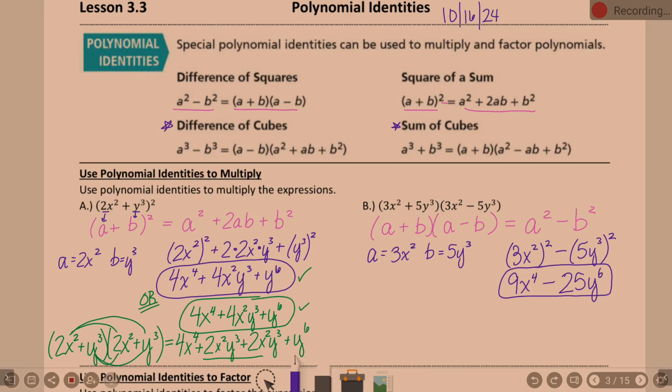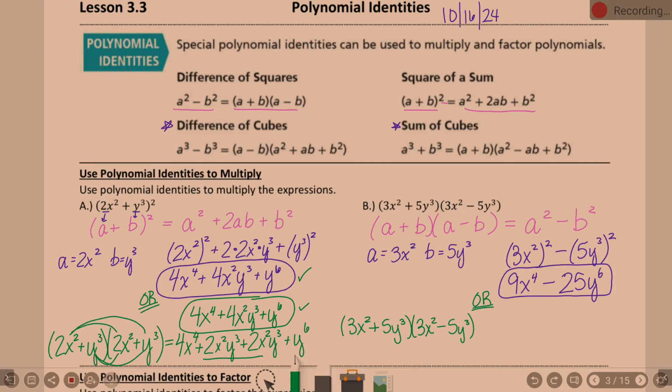And I'm just going to put it up here real quick to prove to you it's the same answer. So, or, we could have done 3x squared plus 5y cubed times 3x squared minus 5y cubed.